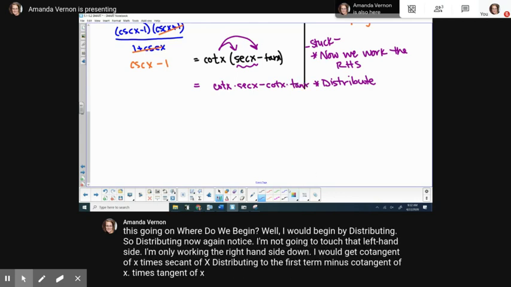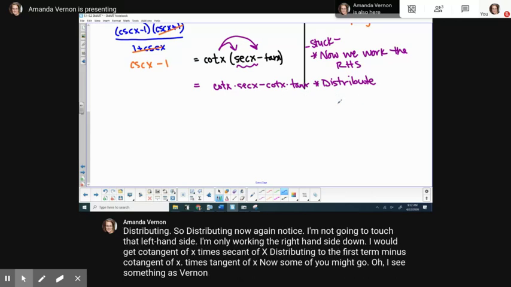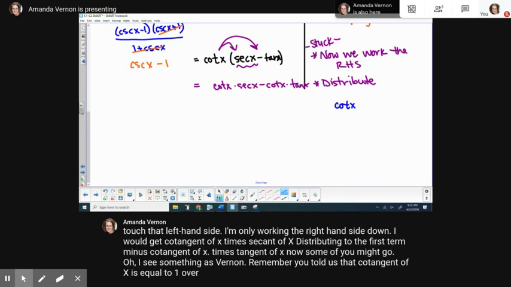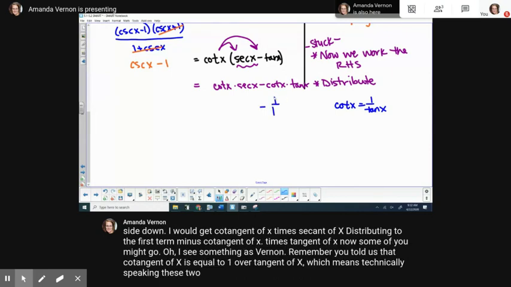Now, some of you might go, oh, I see something, Ms. Vernon. Remember, you told us that cotangent of x is equal to 1 over tangent of x, which means, technically speaking, these two are going to multiply to give us 1. Awesome. That's a great idea.